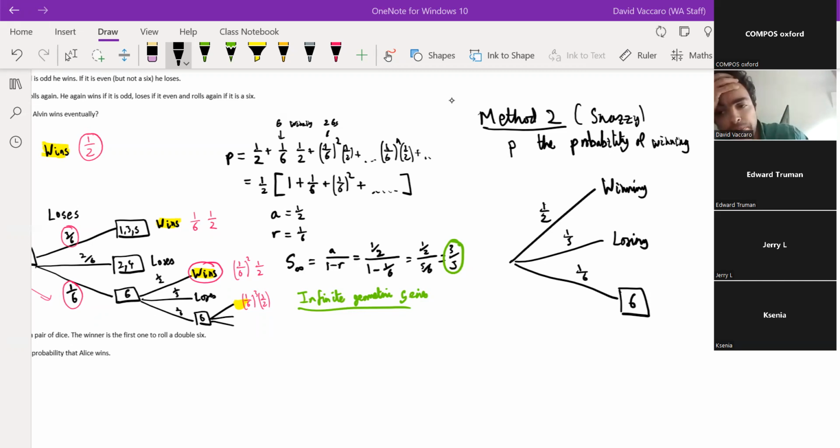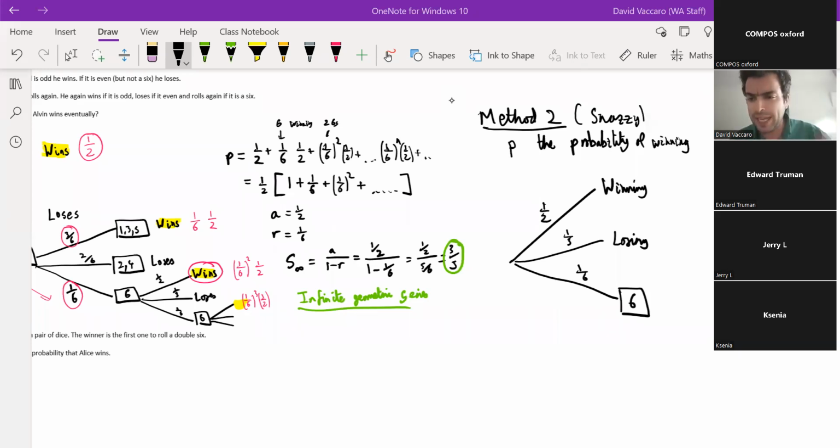So Alvin plays the game. He rolls a 6. What position is he in? Excellent. So what Josh has said is the probability of winning becomes 1/6 times P. And let me just unpick what Josh has thought. So if the first roll is a 6, the game just begins again.